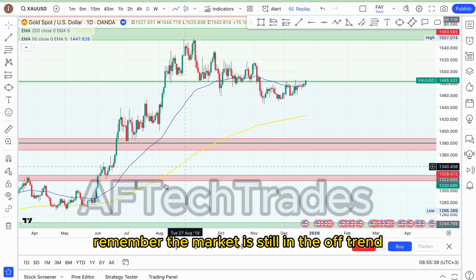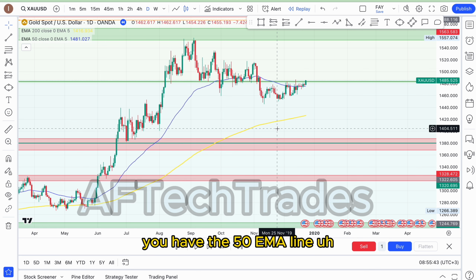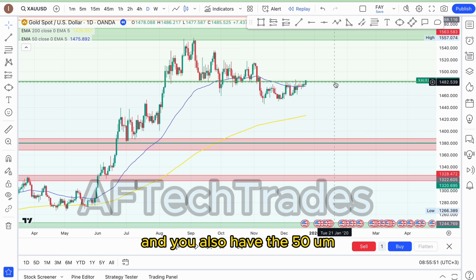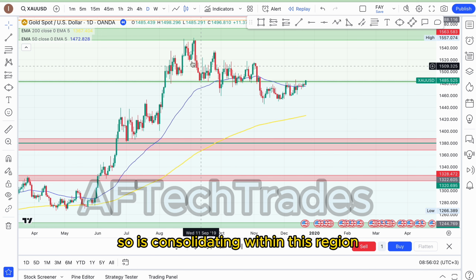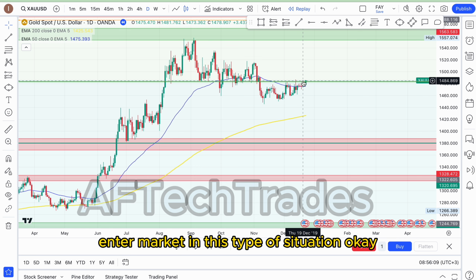Remember, the market is still in the uptrend because it's above the 200 moving average. You have the 50 EMA line, the price is consolidating within that region, and you also have the 0.5 Fibonacci retracement level here. So it's consolidating within this region. It is very dangerous to actually enter the market in this type of situation.